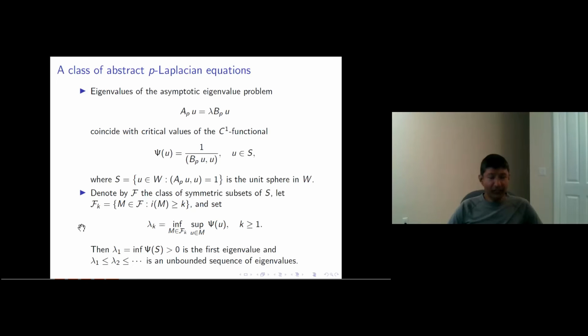Again, we can define a sequence of eigenvalues using the cohomological index, using the same minimax scheme that we used for the p-Laplacian.